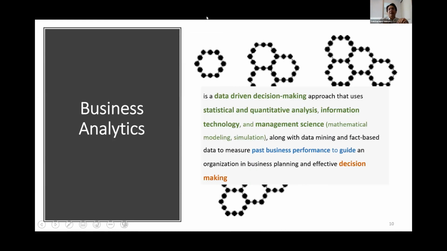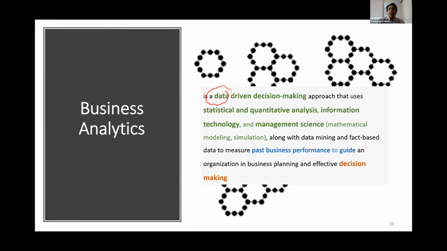Okay, so what is business analytics? This one I got from Sahi, who wrote a book with Harvard Business Publishing. Business analytics is data-driven decision making. You can see that the data is very important. And it uses many kinds of analysis, whether statistical, quantitative analysis, information technology, and also management science.